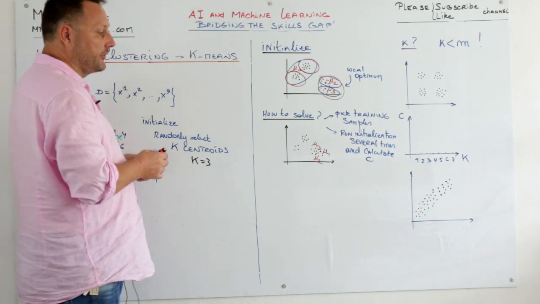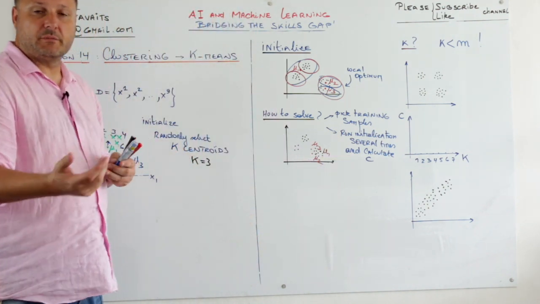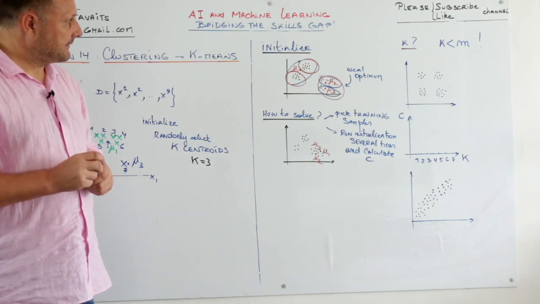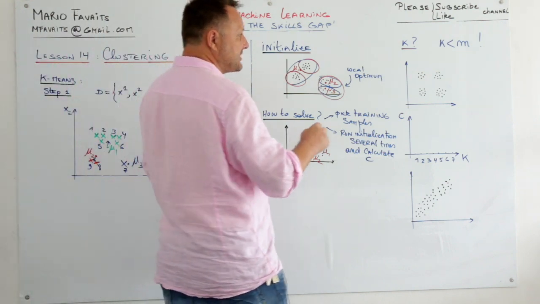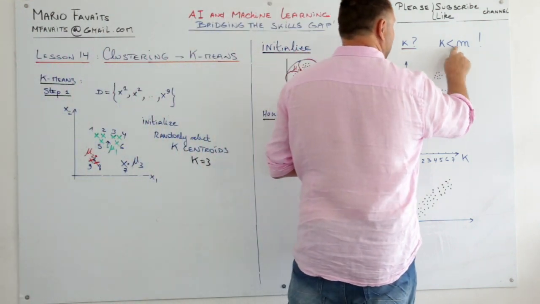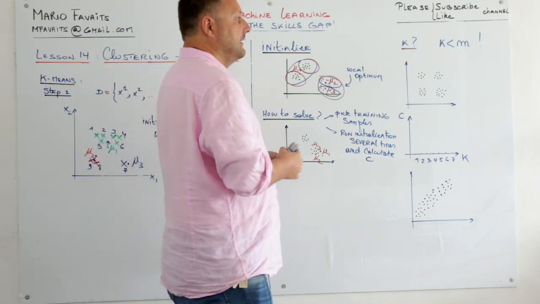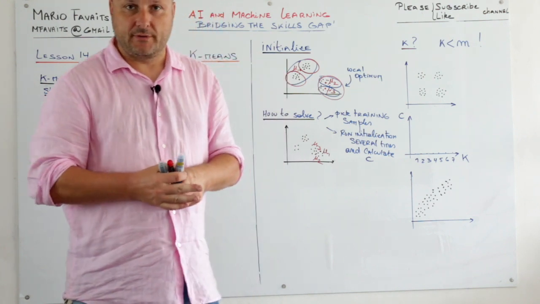And you look for the most optimal cost, maybe you do 100 initializations. Now, how much is k here? Well, it's obvious that k should be less than m. If k equals m, you will have all clusters with one data point in k-means.